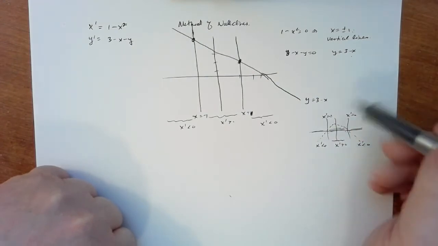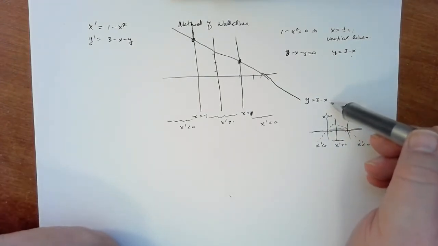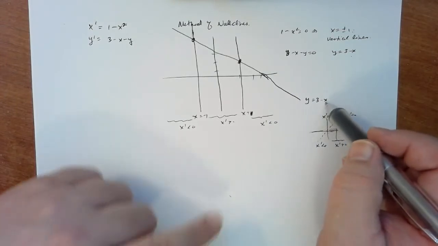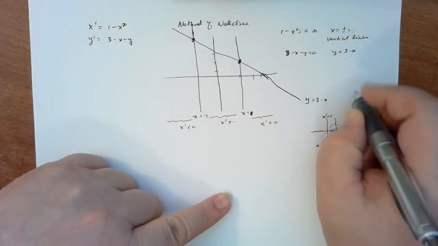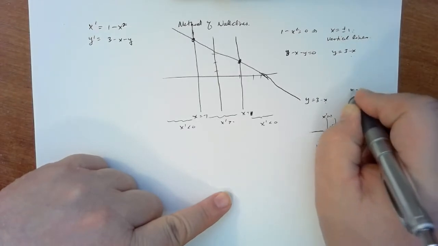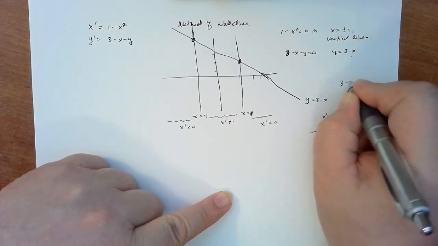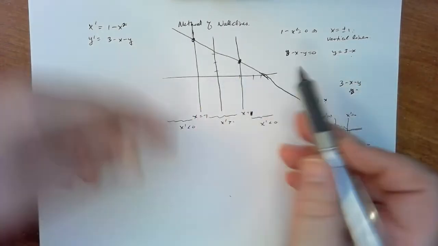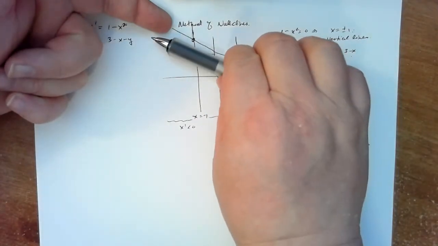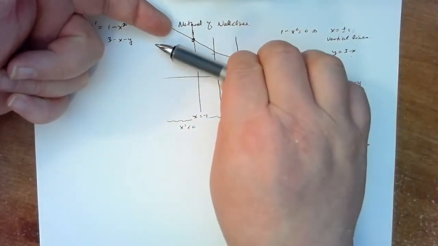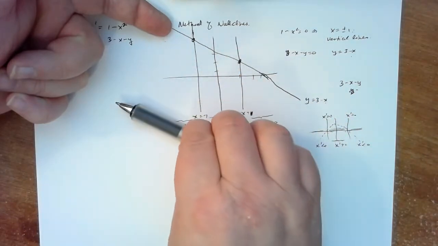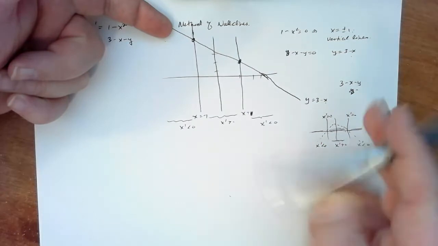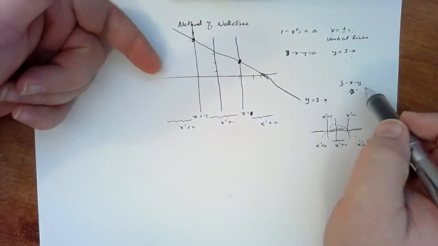Good. And then how about for this line? Along the line, that's where y equals 3 minus x. But otherwise, we're looking at 3 minus x minus y. That's our function, right? And so the line splits the plane into two pieces. So what is the value below the line? If I put an x, y below the line, it's not going to be equal to 0, but it will be positive or negative, right?